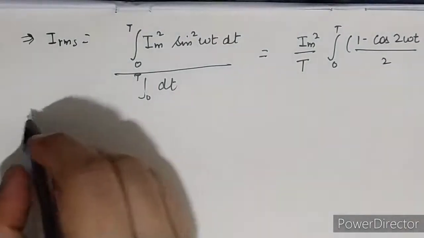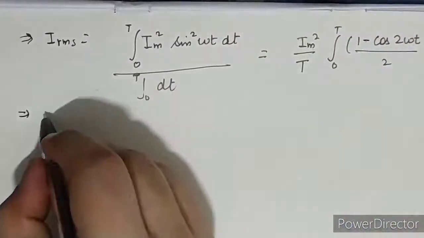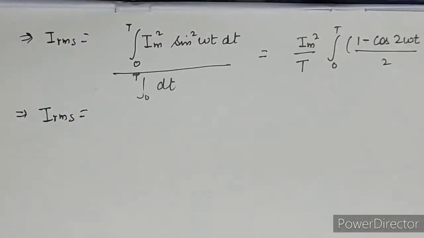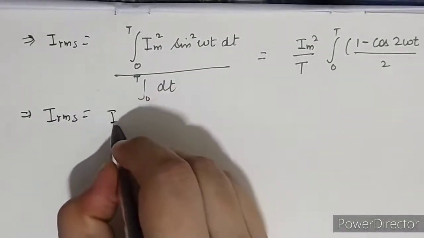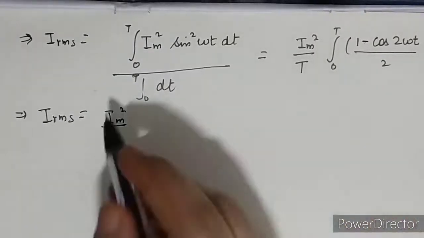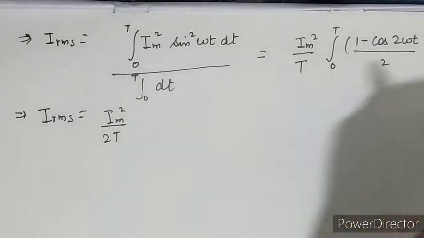This is the formula, beta. Math students know it very well; bio students just get through this. Now Im square by 2 is the constant term, so I take it out, over 2T, and do the integration.